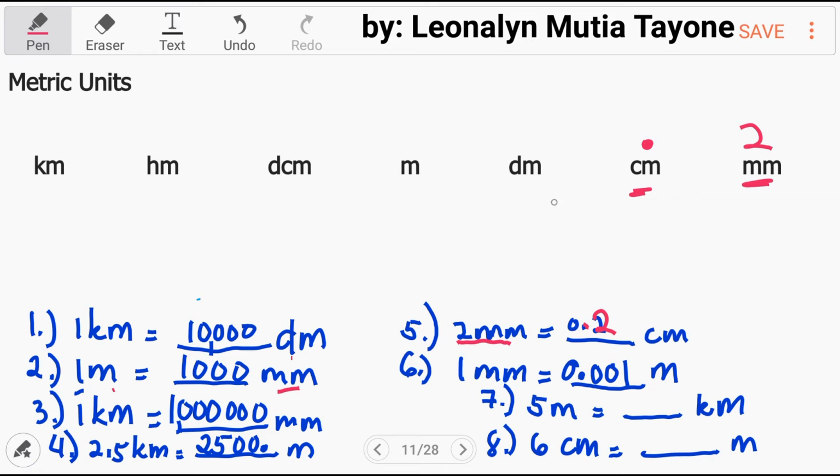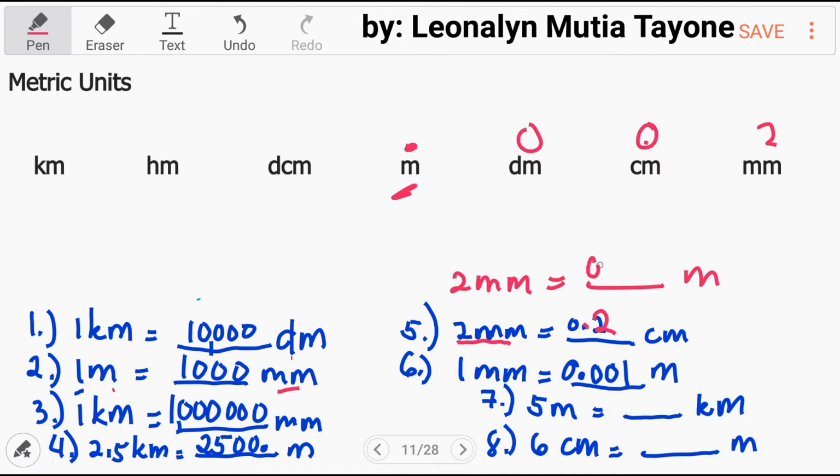Now, how about 2 millimeter converted to meter? So, this is 2 millimeter converted to meter. And that is 0.002 meter. Now, how about if 15 millimeters converted to meter?